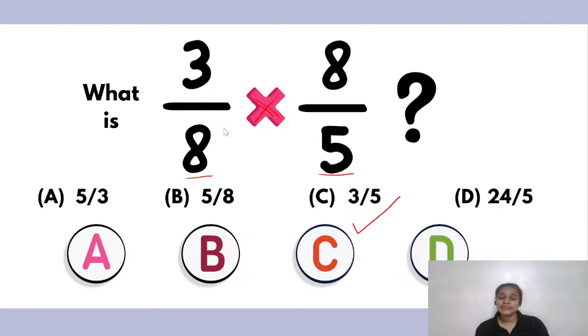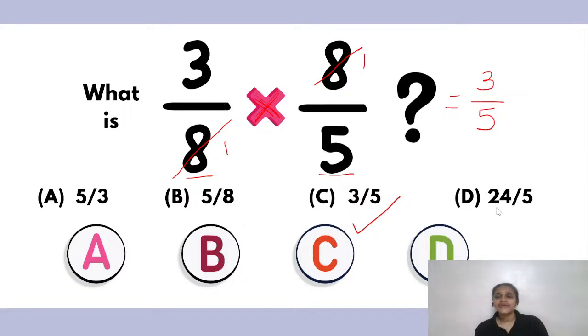I can simply cancel the 8, and what is left behind is just 3 upon 5. The answer was C. Since there is just a multiplication sign in the middle, I can reduce the fraction. 8 ones are 8 here and 8 ones are 8 here, so I could reduce them down to just 3 upon 5.